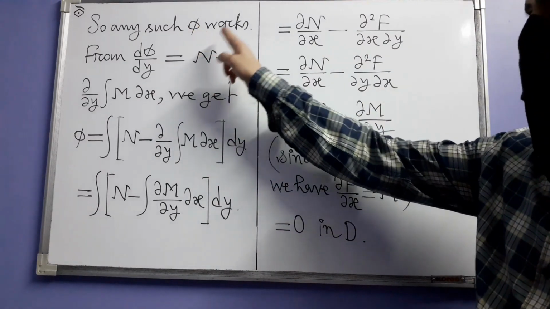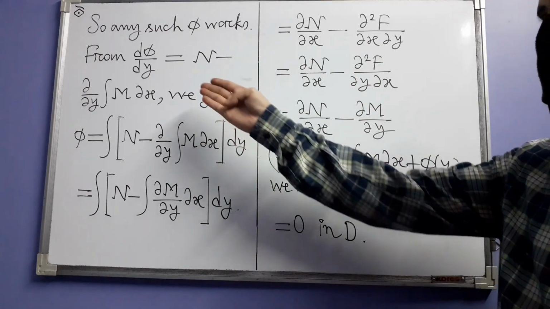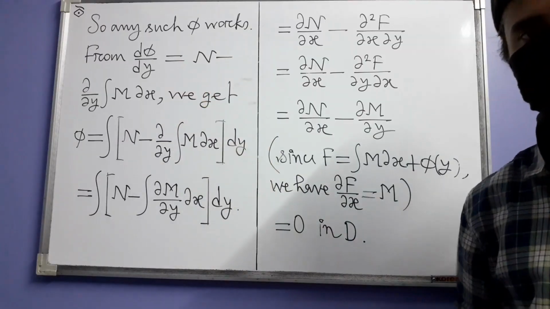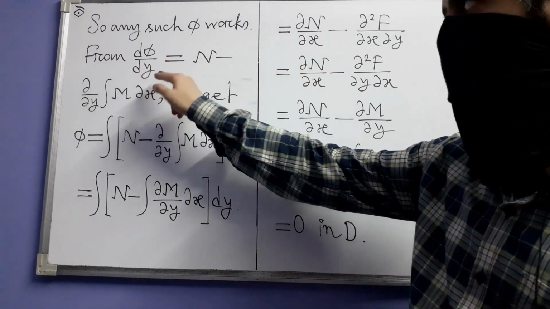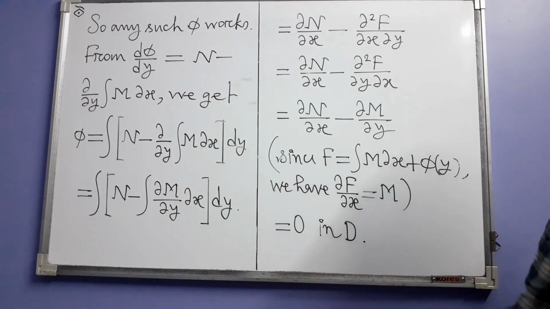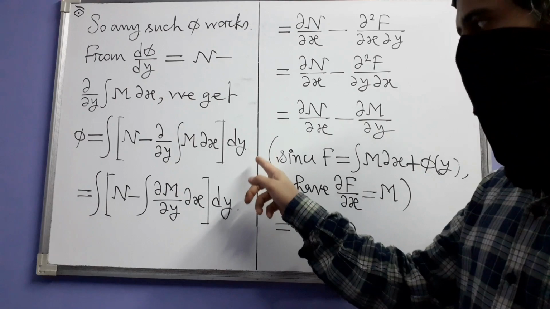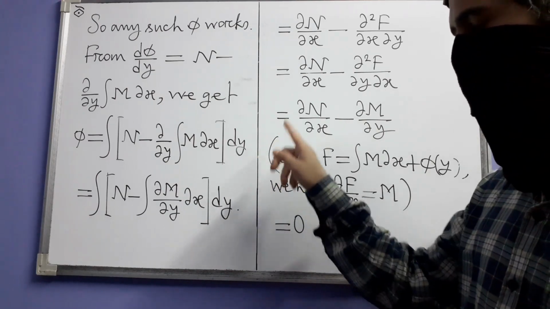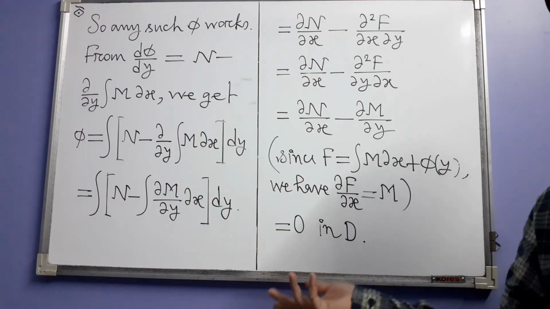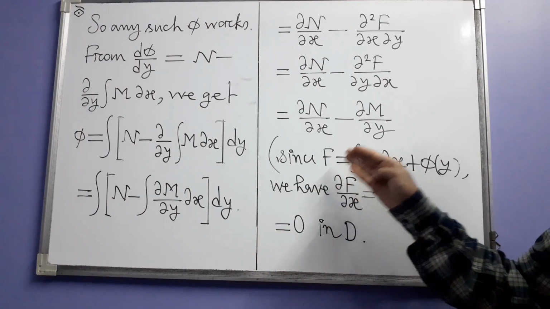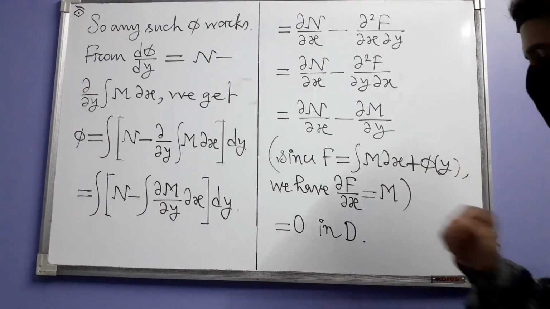Okay, so any such function phi works. And if we go back to the equation which has the phi, that is this differential equation, d phi dy equals this thing, then from that you can get phi by integrating. Now you may think why I am not putting a constant plus c here. Well, any such phi works, and so we can give one f which comes for that phi.